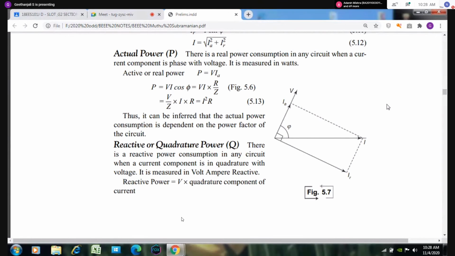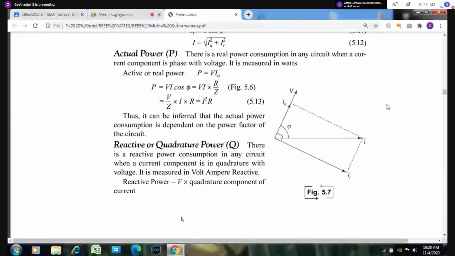Listen. This is the expression for the RL circuit based on the power. There are three powers.